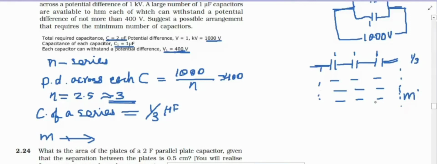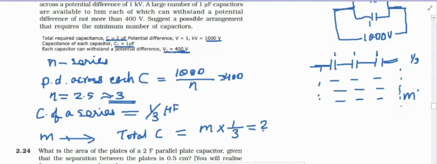So how do you calculate the total capacitance? 1 by 3 plus 1 by 3 plus 1 by 3, m times, which means m into 1 by 3 is equal to the 2 microfarad capacitor.